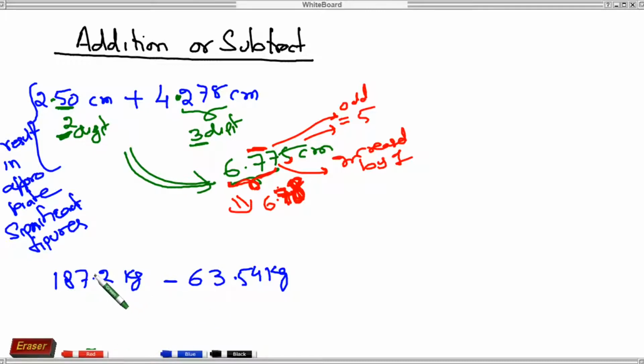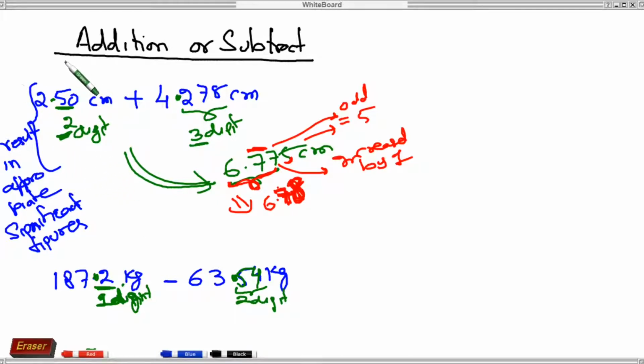Here you can see after decimal there is only one digit, and after decimal there is two digits. So we will consider the least one.